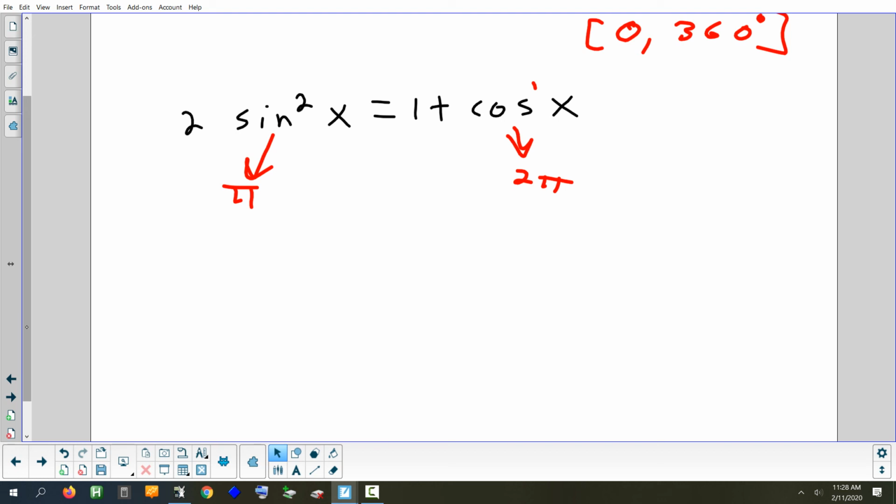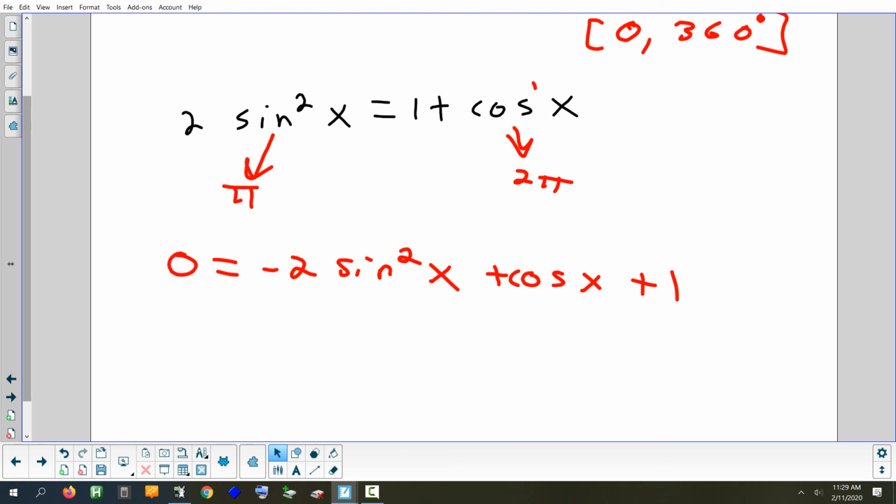Because if you look at the sine squared, I told you when you try to factor or use the quadratic formula, you want the squared term positive. So you might think, we'll just leave the sine squared on the left. But let's try putting it on the right and see what happens. Okay? So let's get that equal to 0. That's -2 sine squared x plus cosine plus 1. Any question on the first step?